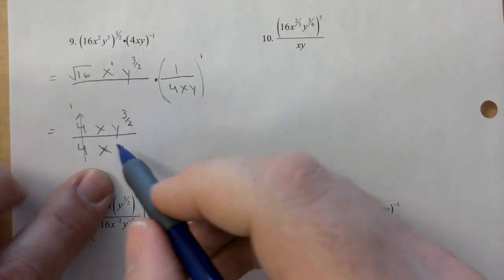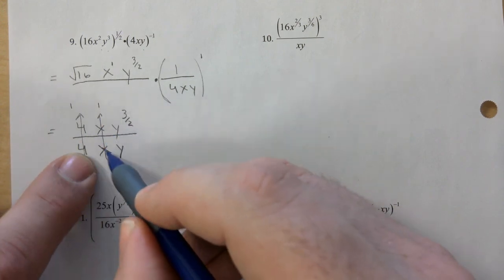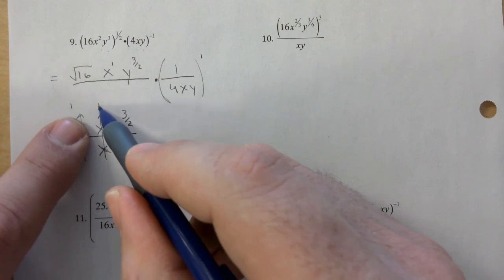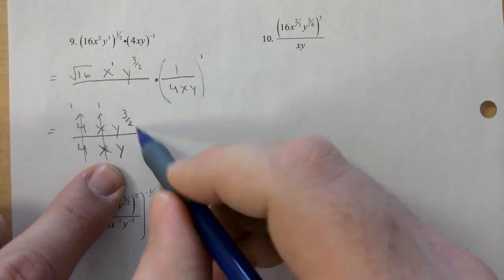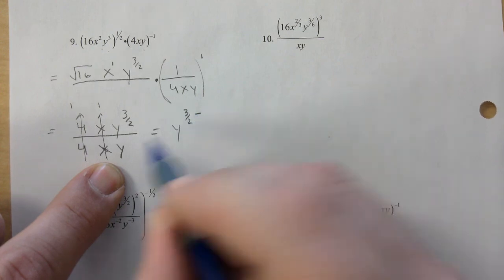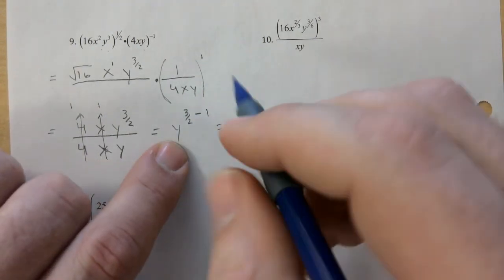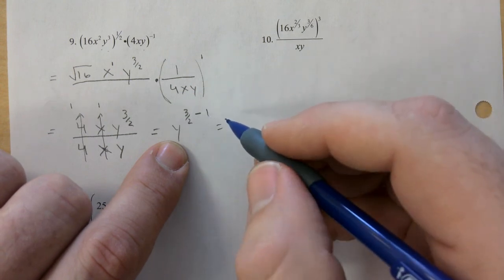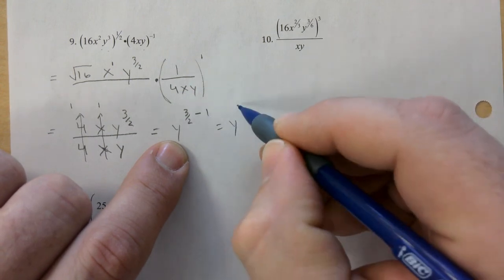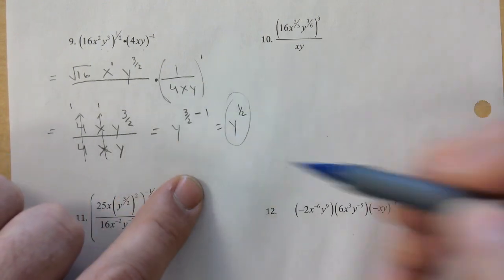This also will go, right? If you have the same base with the same exponent, it just turns to 1. So you're really just left to deal with the y's. So it's 3/2 minus the 1 here. So that would be 1/2, y to the half, like that. You're done.